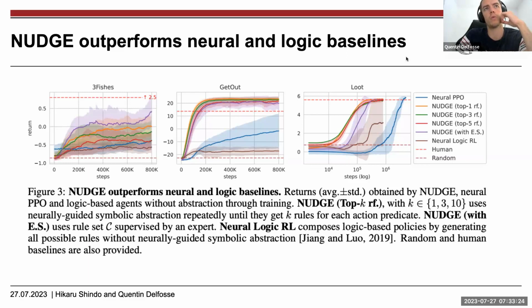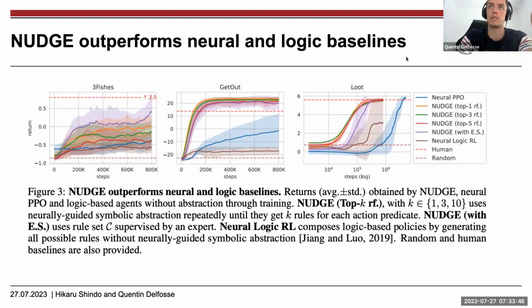And the purple one is also an expert supervision. That means that the expert has selected the suitable rules from the beginning. So a human said, okay, those are promising rules that I would keep in order to play. That's pretty nice, because that allows to have a human in the loop. And we know that only these rules are going to be taken into account in order to make the final evaluation.